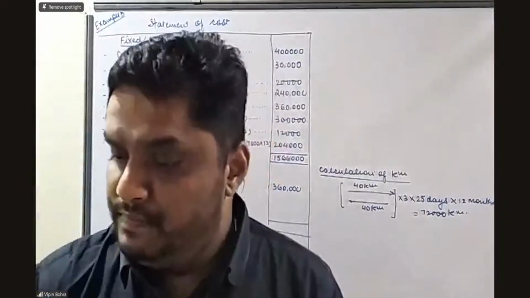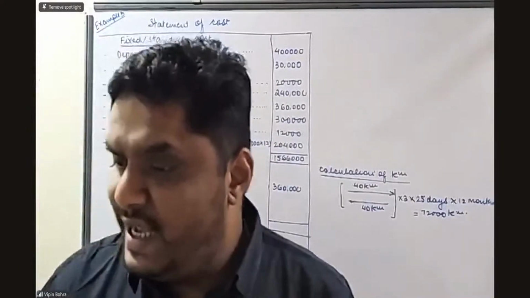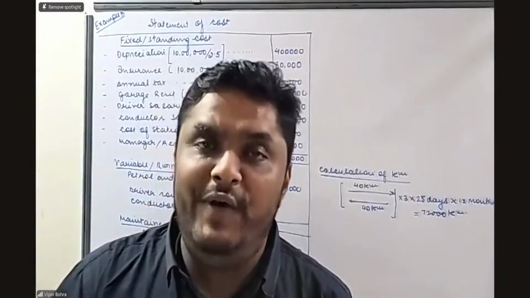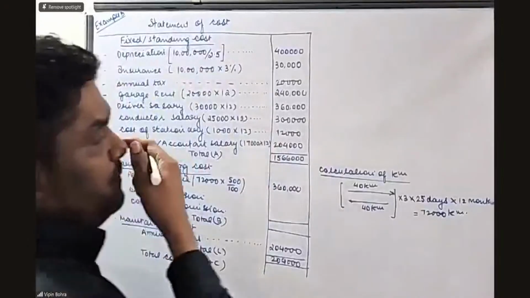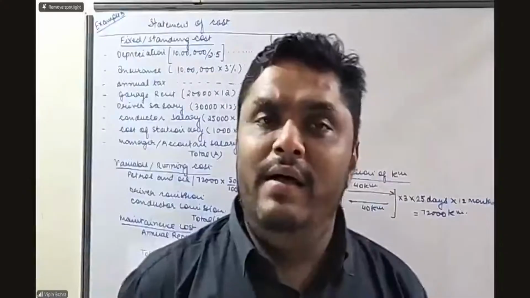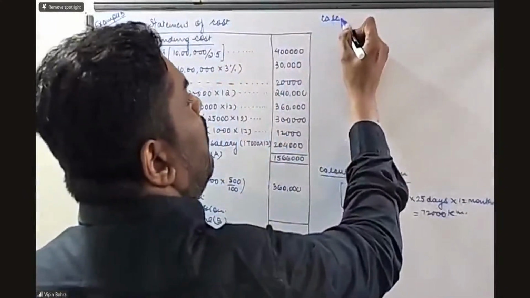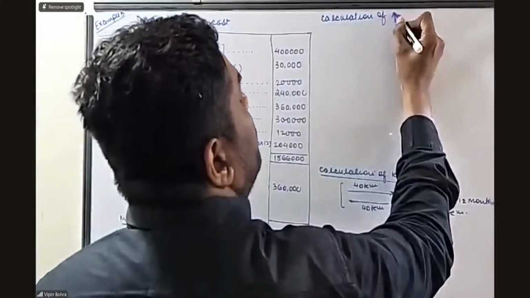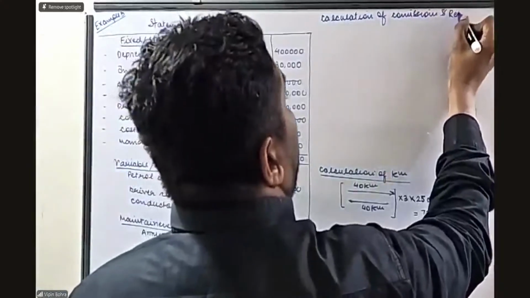So now, see, the question is asking us to calculate the fare to be charged from each passenger assuming profit as 15% of takings. So now let's calculate the commission, the revenue and the profit element. Calculation of commission and revenue.